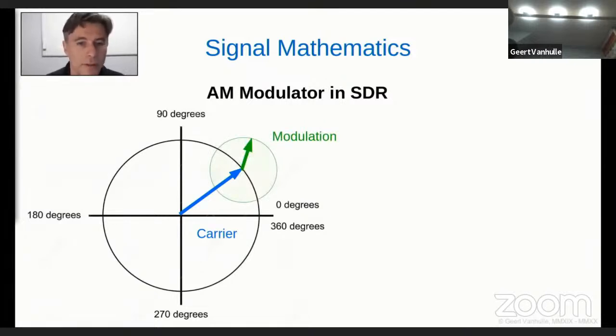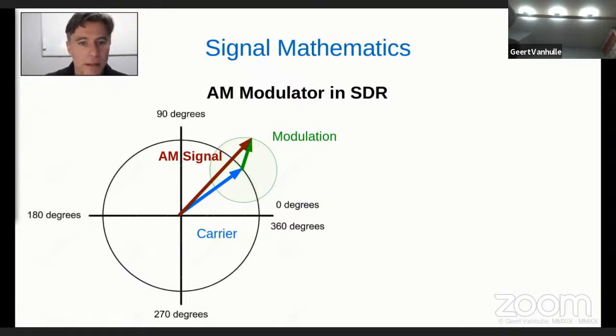So we have the modulation, of course, with another frequency, slower than the carrier vector, rotating around, but in a result forming a new vector, and this vector will actually increase and decrease in length according to the modulation vector rotating, which is just the same as the time domain signal of an amplitude modulation, where we see the sine wave going higher and lower in amplitude. So this is the vector expression of the amplitude modulation signal.